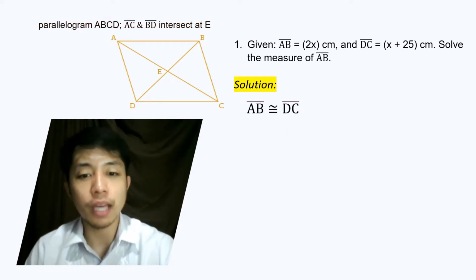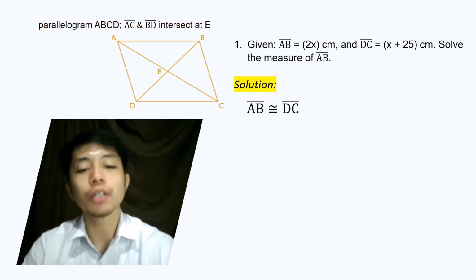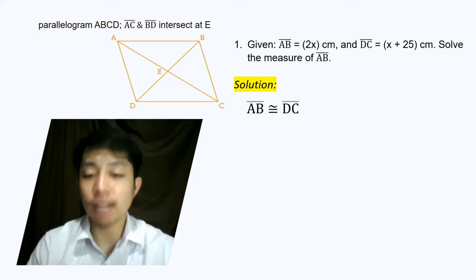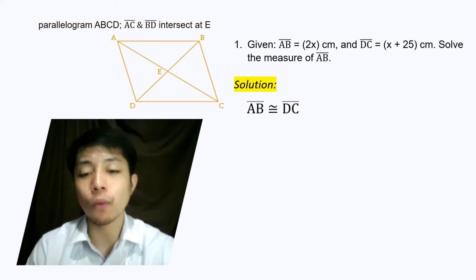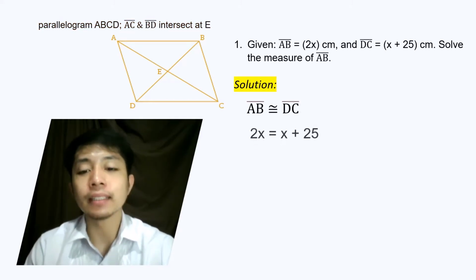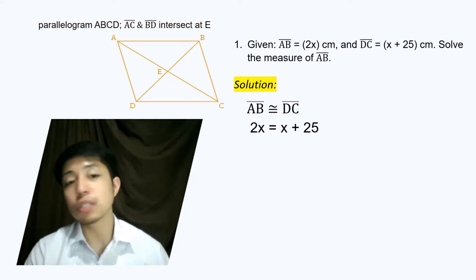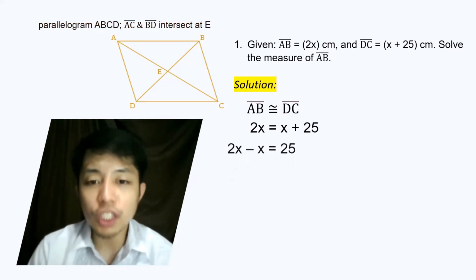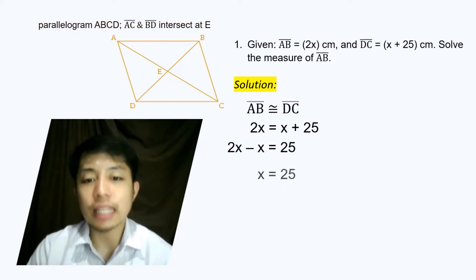So we have AB is congruent to DC. Change sides AB and DC by their given values: 2x for AB and x plus 25 for DC. So do simple algebra. You get the value of x, which is 25.